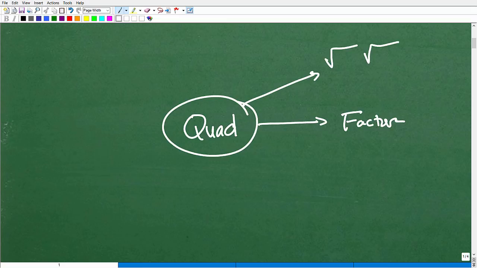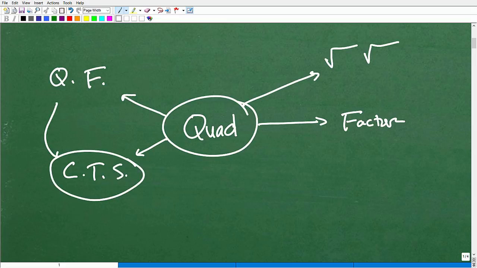Now, when you can't factor or take the square root of both sides, then we have to use some additional techniques, to include the quadratic formula. This is our fallback technique. And then there's another technique called completing the square, which is like the long version of the quadratic formula. So in general, this is what your options are when you're dealing with quadratic equations.